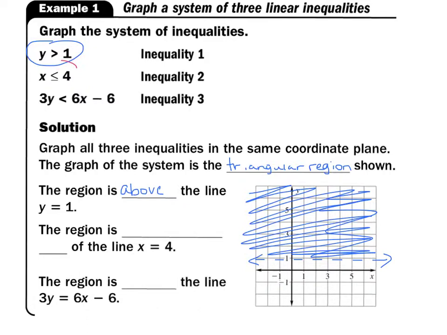For our second equation, x is less than or equal to 4, for an x equals equation, x equals 4, this would be a vertical line at 4 that crosses the x-axis at 4. This one's going to remain solid because it was or equal to, and we're going to shade the region on and to the left because it's less than, and going to the left is less.